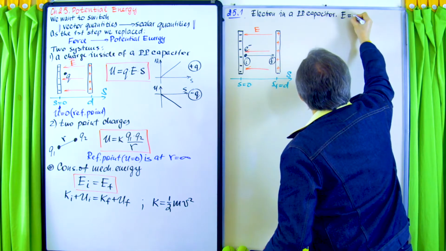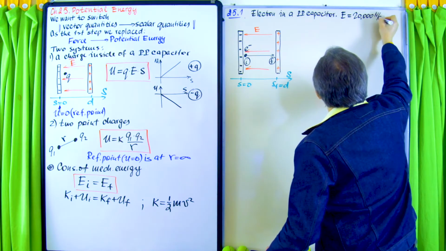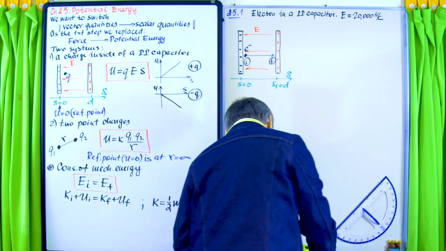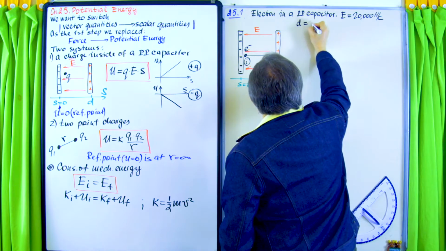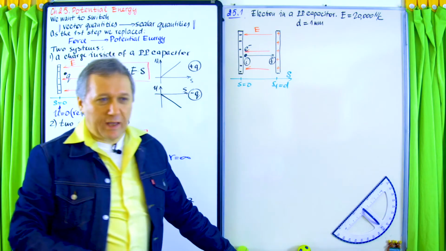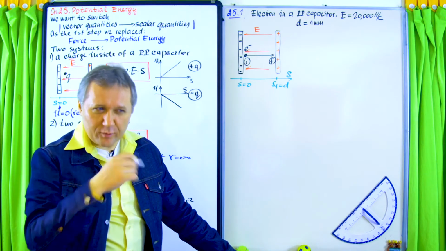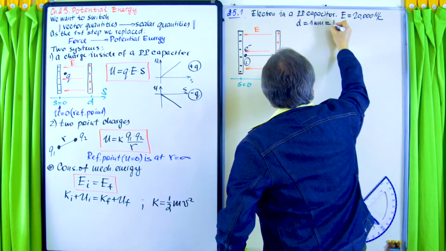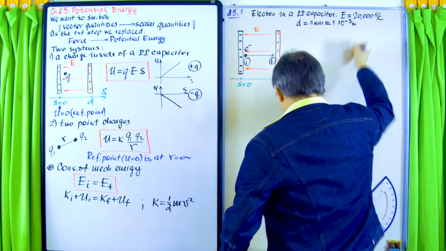Electric field strength is given: 20,000 newtons per coulomb. Then the spacing between the plates, d, is 1 millimeter. We will have to convert it to meters. Let's do it immediately so that we wouldn't forget it later. So it will be 1 times 10 to the power of negative 3 meters.